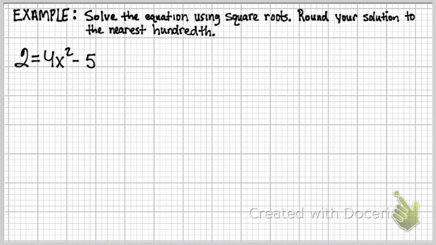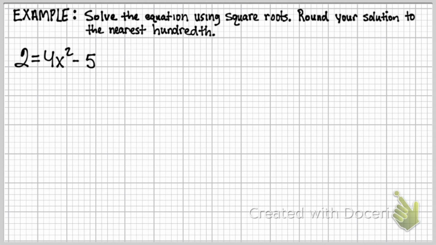The 2 and the minus 5 are constant terms, and the 4x squared is an x squared term. So our equation does not have an x term, which means our b value would be 0 if we put it in standard form. So this is the type of equation that we can solve by using square roots.